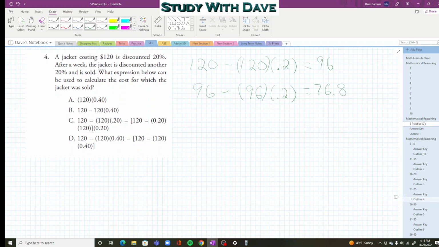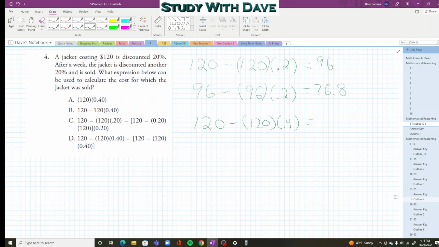But as you can see, they don't want to know what this jacket's going to cost after discount at 20% each time. And just to be clear, you can't actually add up the 20% and say 120 minus 120 times 0.4, because this is saying that we're subtracting 40% off of the original price, but really we're subtracting 20% off of 120 and then 20% off 96, so it's a little bit different.